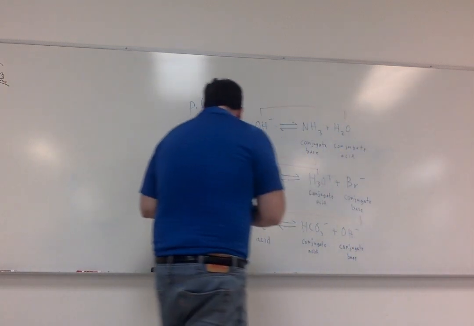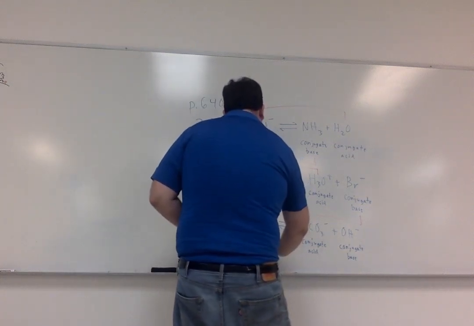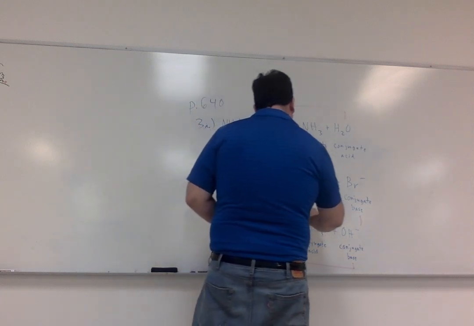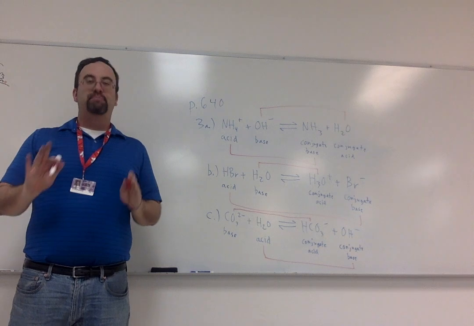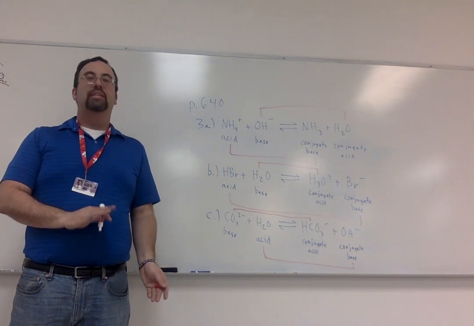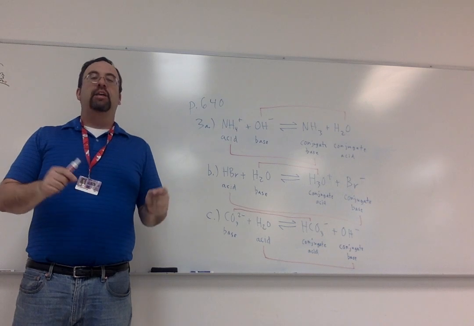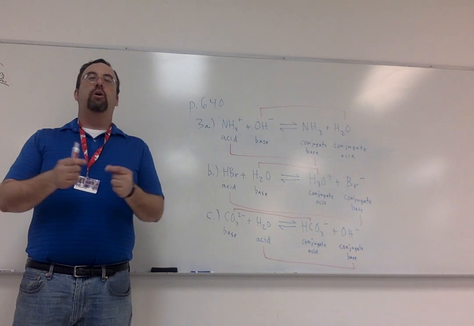All right. And so again, we can see the acid goes with the conjugate base, and the base here goes with the conjugate acid. The acid and the base will always be on the reactant, the left side. The conjugate acid and conjugate base will be on the right. The acid and the conjugate base are joined together, and the base and the conjugate acid are therefore joined together.